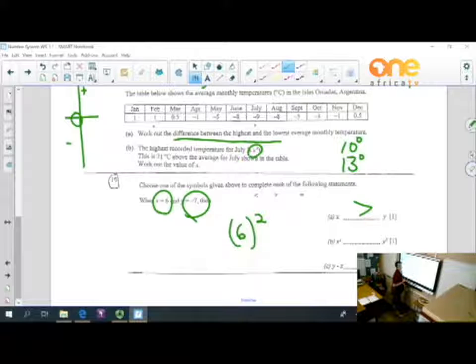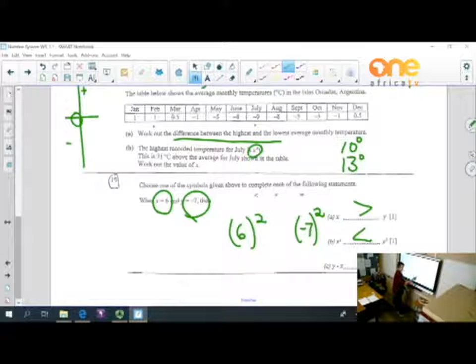And it's vitally important that you substitute in brackets and the 2 is outside. Do it like this on your calculator. Otherwise you're going to get wrong answers. And then the -7, the same thing, in brackets and the square outside. This is 36, this is 49, so it's going to be less than.